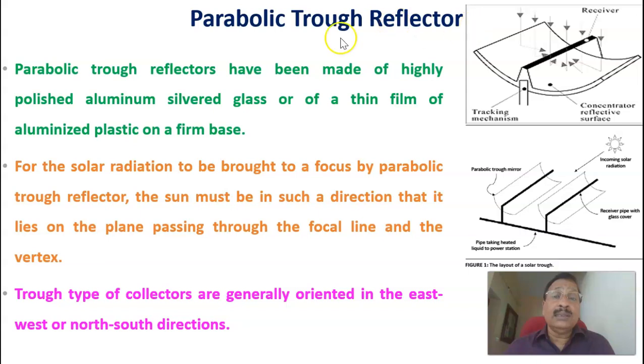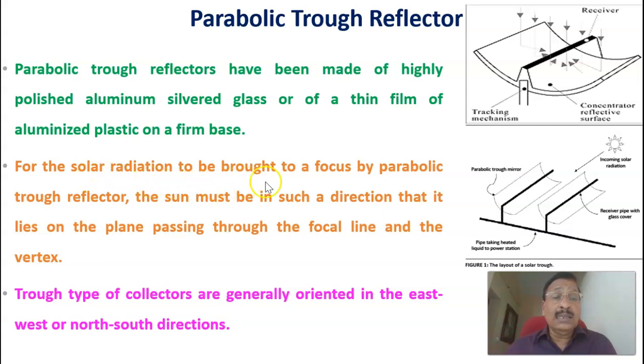Continuing with the parabolic trough reflectors, they are made of highly polished aluminum, silver glass, or a thin film of aluminized plastic on a firm base. That is the parabolic trough reflector.